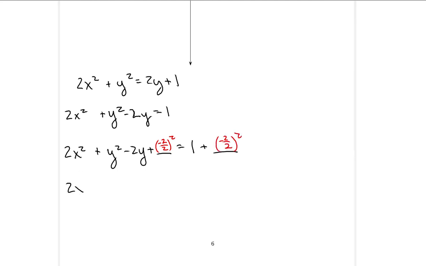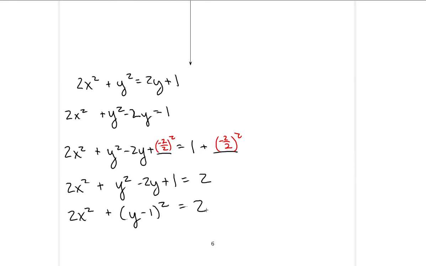So we end up with 2x squared plus y squared minus 2y plus 1 equals 1 plus 1 is 2. So 2x squared plus (y minus 1) squared equals 2. But of course we know that we need to have a 1 on this right side. Go ahead and divide everything by 2.